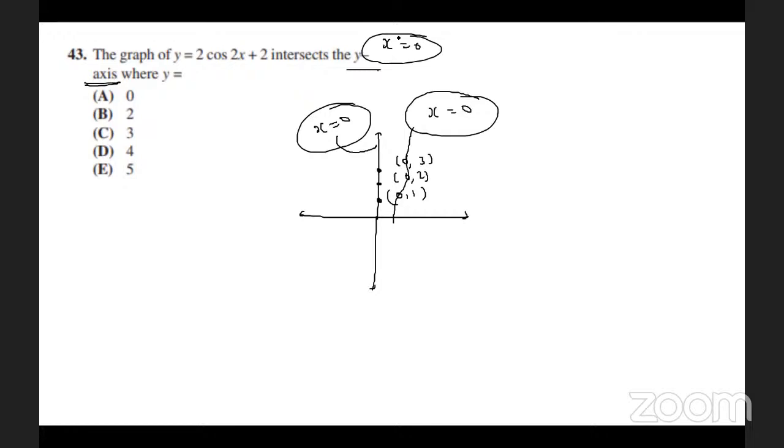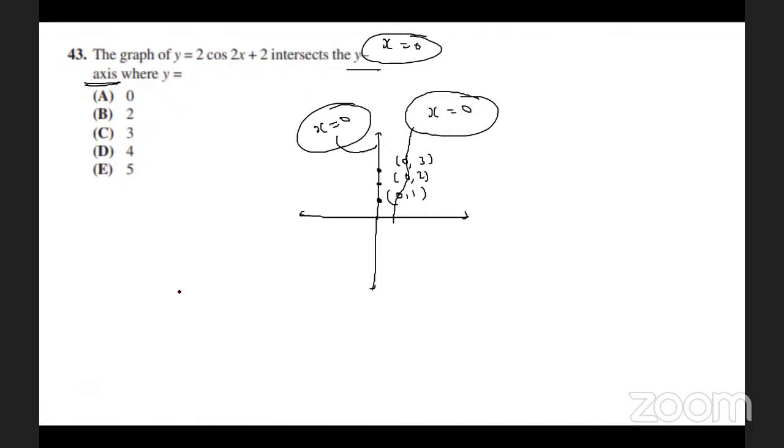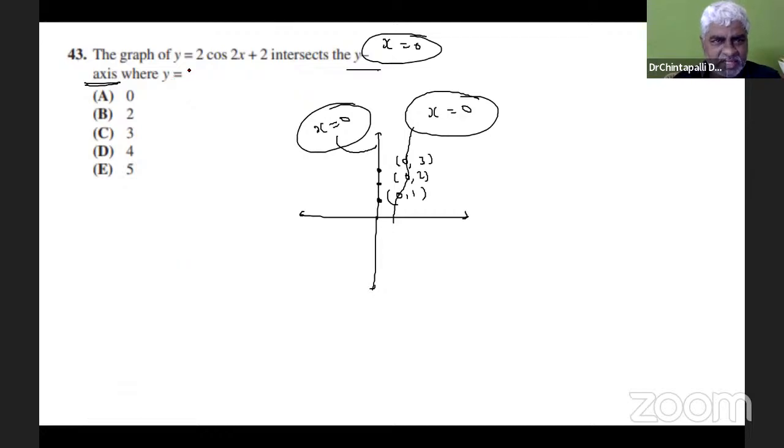Put x equal to 0 in the given equation. What happens when we put x equal to 0? What is asked here? The value of y.